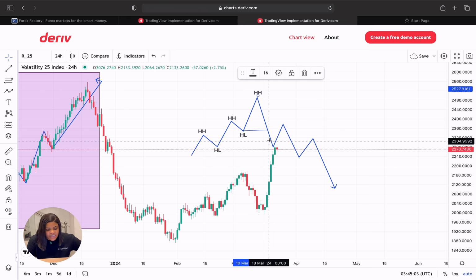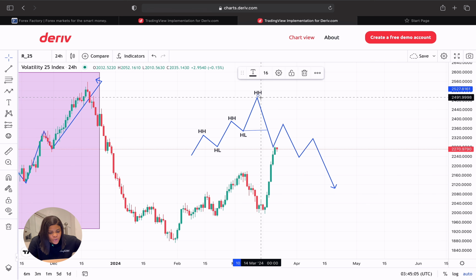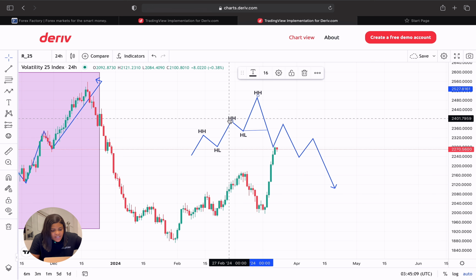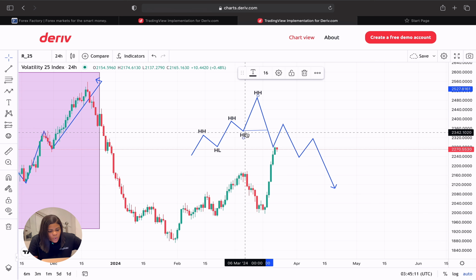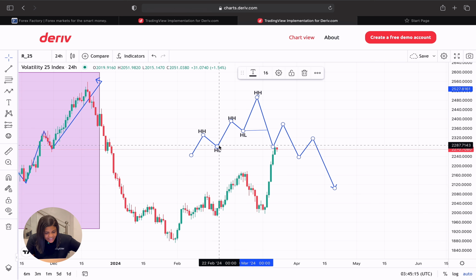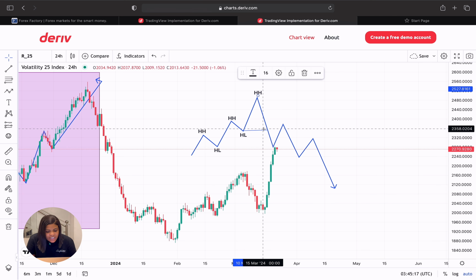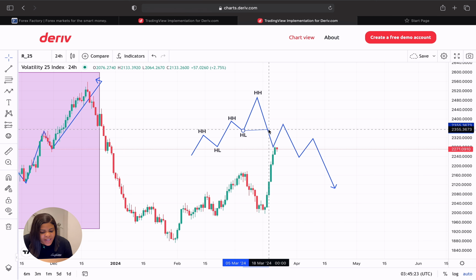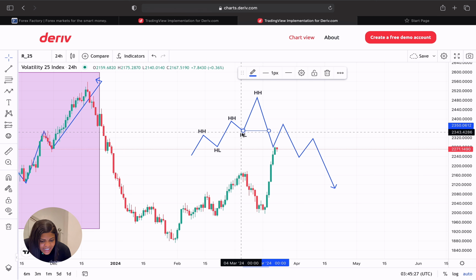Now the rule of uptrend states that if the market is going up, it creates a high that is higher than the previous high. If the market is coming down to retrace, it creates an equal low or a low that is higher than the previous low, right? And the rule states that it must not break the last higher low.